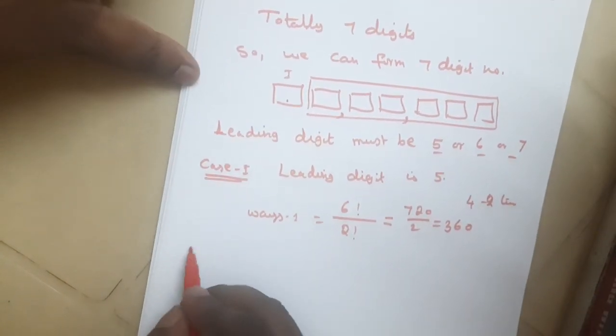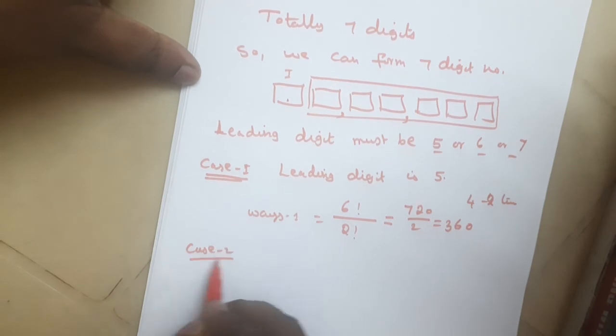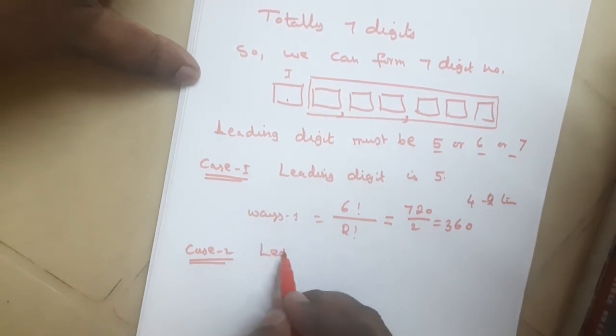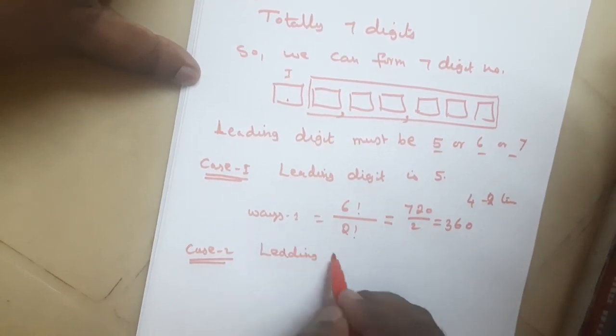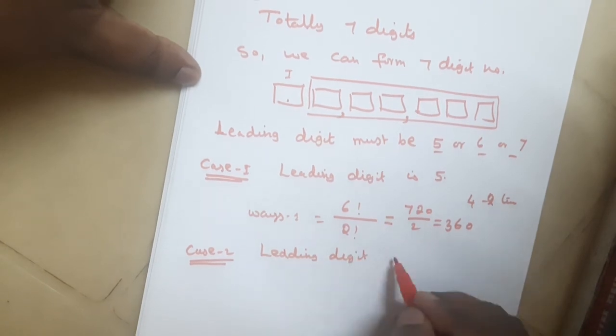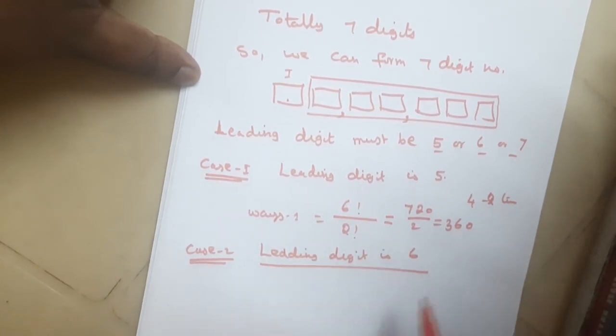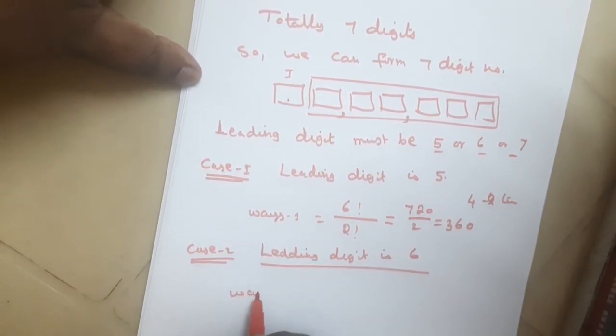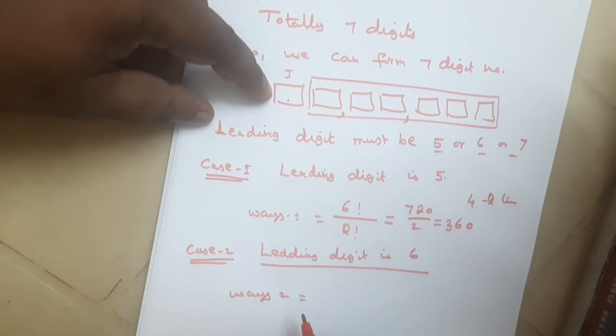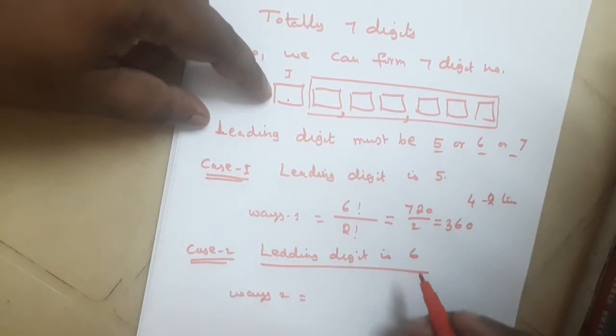Okay. Next, case 2. Leading digit is 6. So the number of ways: the leading position 6 is fixed. So what about the remaining 6 digits?